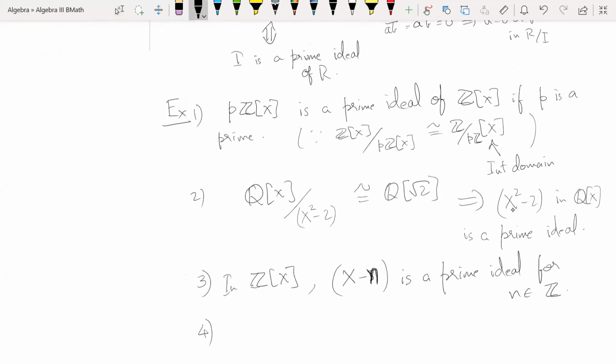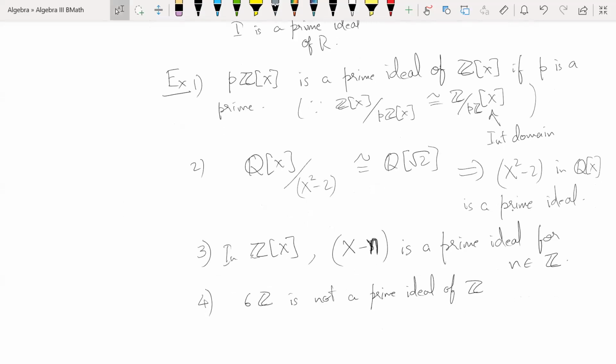So for instance 6Z is not a prime ideal of Z, or 4Z is not a prime ideal of Z. Even in the polynomial ring, something like x squared minus 4 in Z[x] or in Q[x] won't generate a prime ideal.